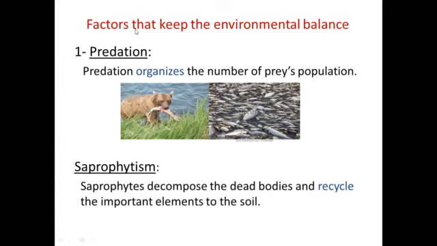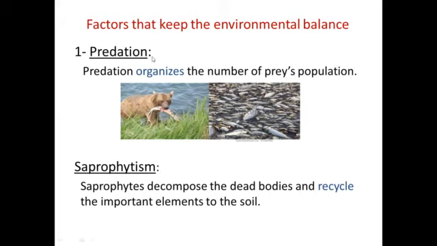But what are the factors that keep the environmental balance? First, predation. Predation organizes the number of the prey population. How can this occur? When the predator catches its prey, it catches only the sick and the weak ones, which can't escape from their predator.